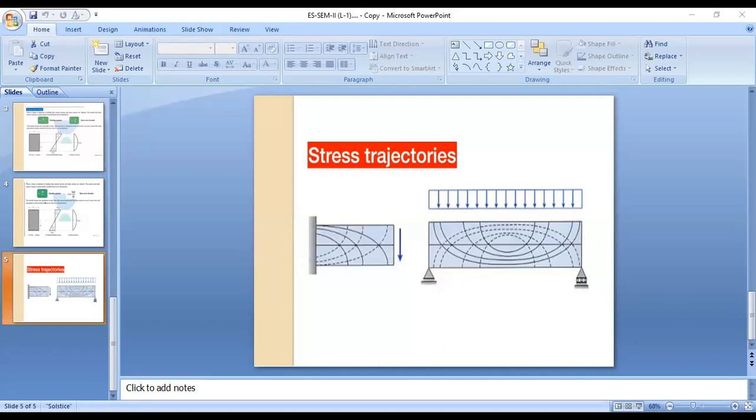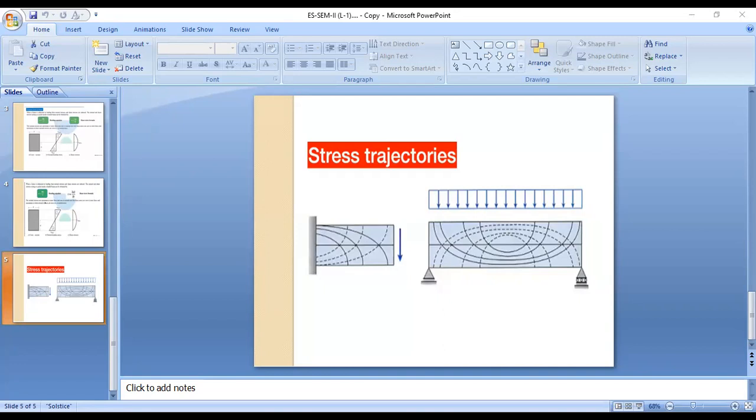Next point. The solid lines are tensile and the dotted lines are compressive principal stresses.